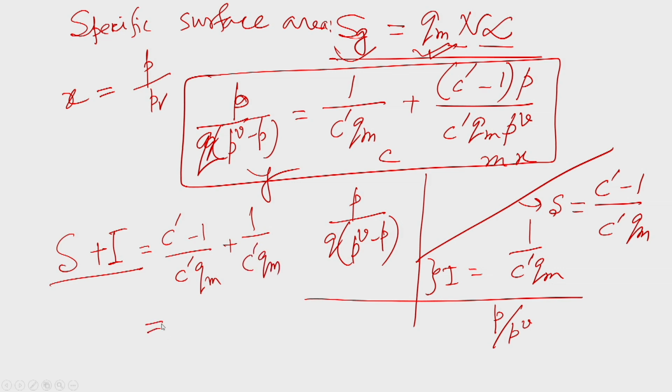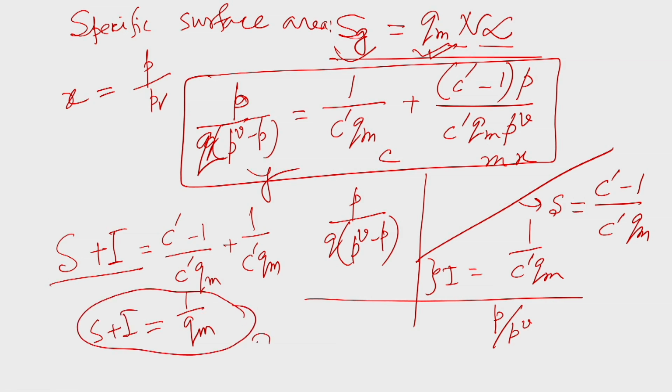That will give 1 by Qm. So, the slope plus the intercept will give 1 by Qm, and Qm, the amount of adsorbate forming this monolayer, will be 1 by slope plus intercept. So, we are now able to get this.